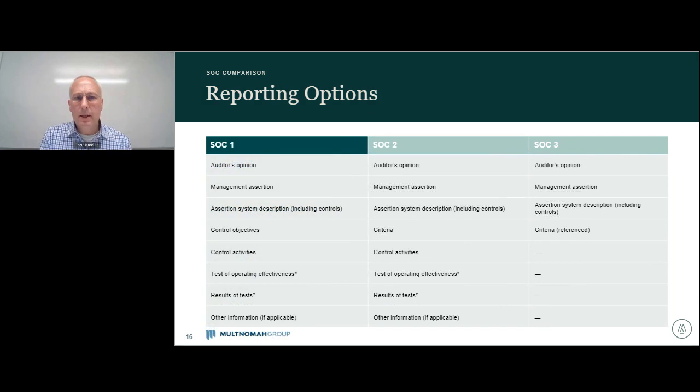We're going to get into this in a lot more detail, but this is a high-level comparison of what these reports would look like. If you look at the table of contents, you're going to see they all have an opinion. Us as an auditor would say, during this period of time or at this point in time, this scope of system meets its obligations or it does not. And if there's anything of issue, we're going to give you a highlight, a disclaimer in the opinion.